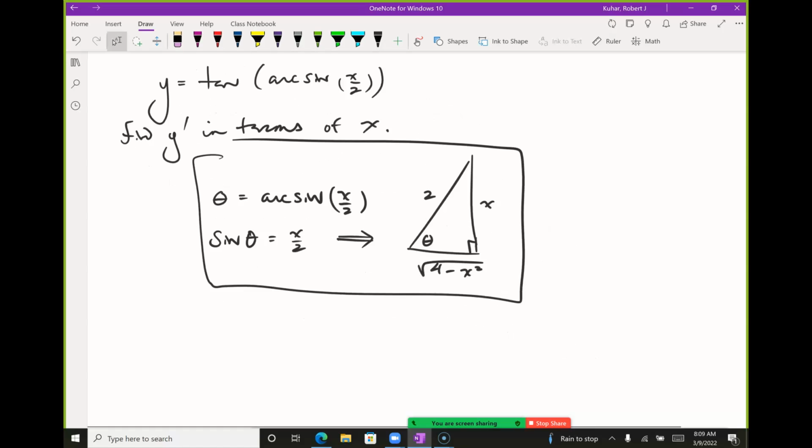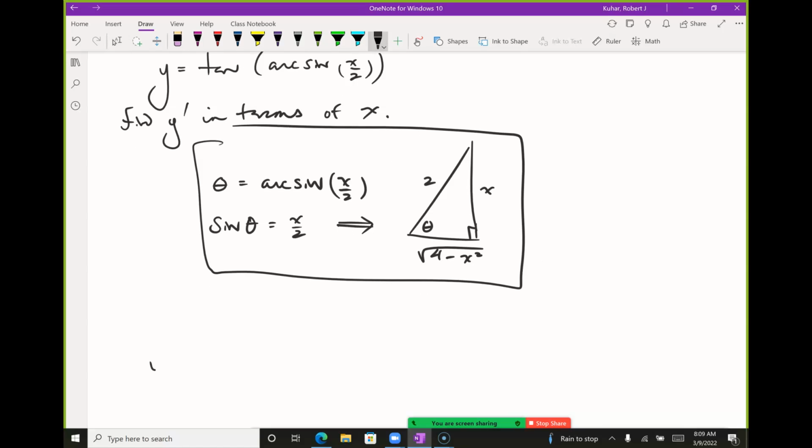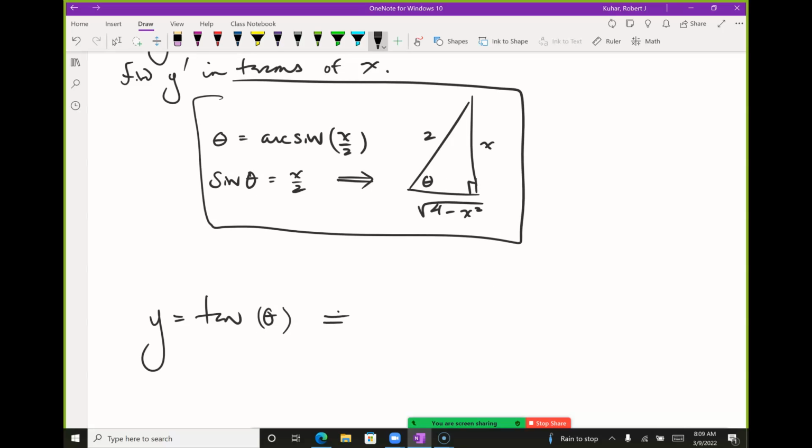So I'm ready to take my derivative, right? And I've got y equals tan of theta is what I might as well think about. But I'm taking my derivative in terms of x's, right? d dx of tan of theta should equal d dx of y. I guess I did that a little backward, but it's okay.